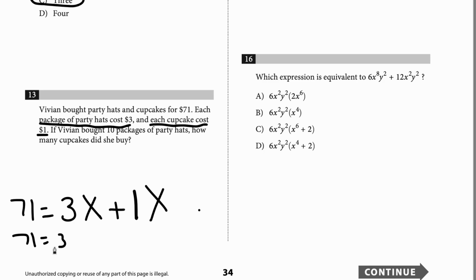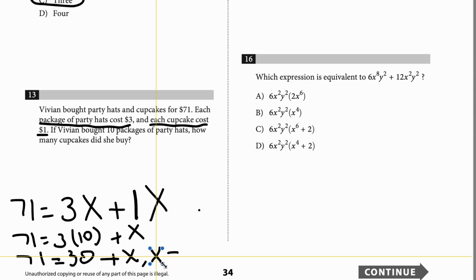So 71 equals 3 times 10 plus x. That would be 71 equal to 30 plus x, which would end up being x is equal to 41. So she bought 41 cupcakes.